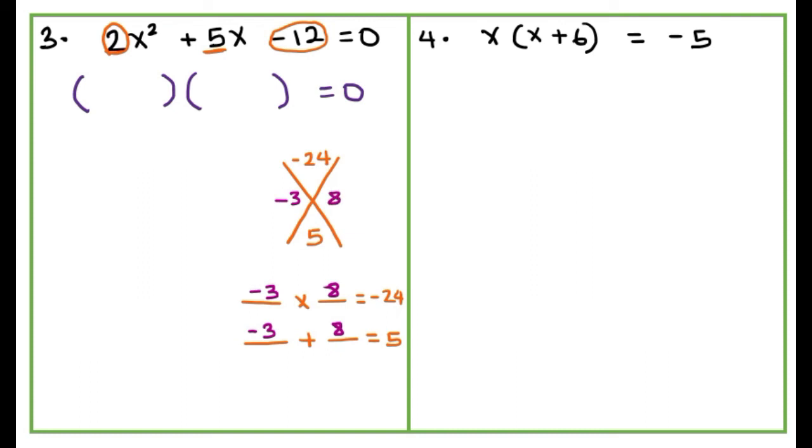Now, we have got to divide them by the leading coefficient, which is 2. And when this is reduced, 8 out of 2, we get 4 out of 1. Now, we will use 4 out of 1 and negative 3 out of 2.